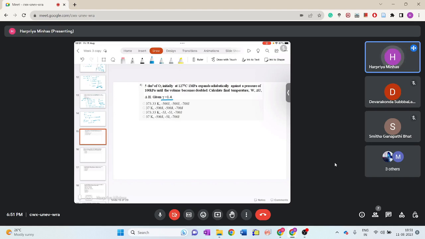Okay, before proceeding with the question, we have to find N, that is, the number of moles. So we have the equation.